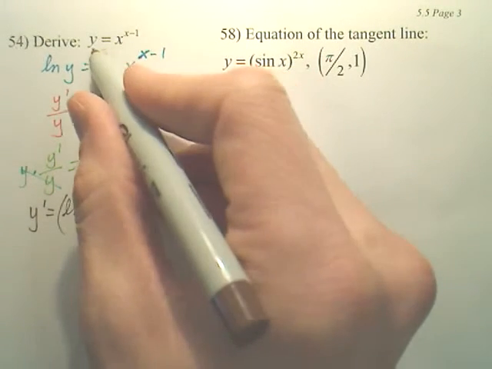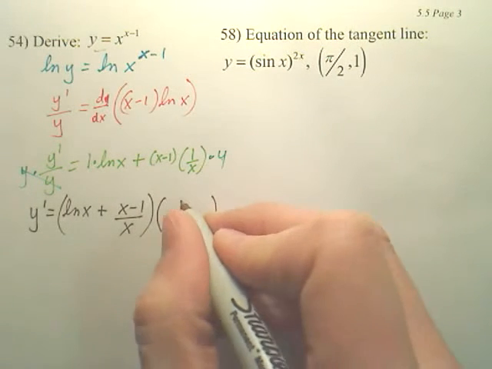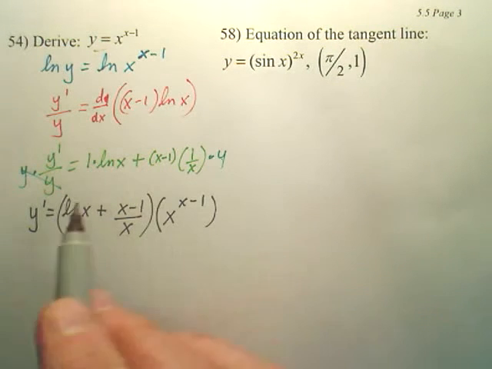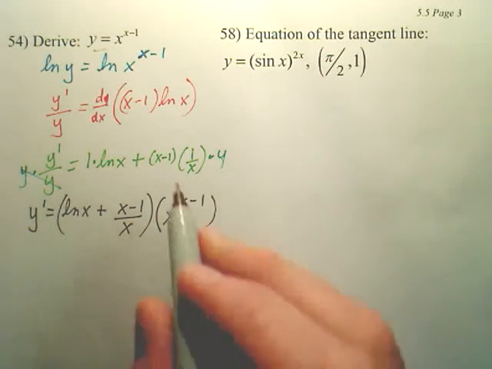That's y. See it? Y equals. You could leave it like that on the test. I don't want to deal with getting x's on the bottom and so forth. This is good enough.